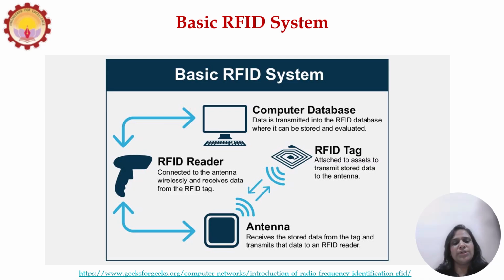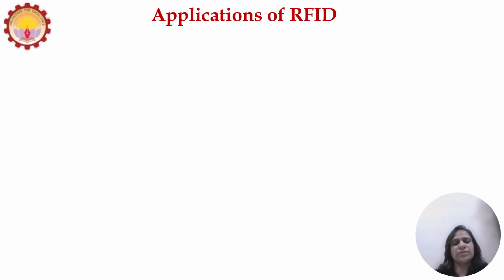The role of the reader here is to collect the data from the antenna, which it receives from the RFID tag, and finally it is communicated to your computer to display. The computer database is transmitted into the RFID database, where it can be stored and evaluated. So this is all about the RFID system.